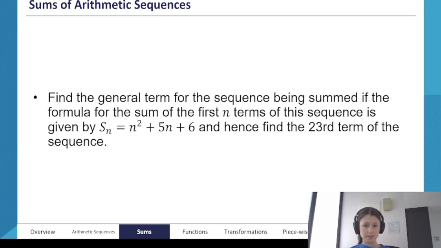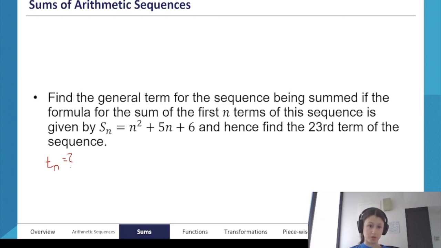So for this one here, what we need to consider firstly is what we want to know. We want to find the general term. We want to find something with Tn in it, because this is going to give us the general term.